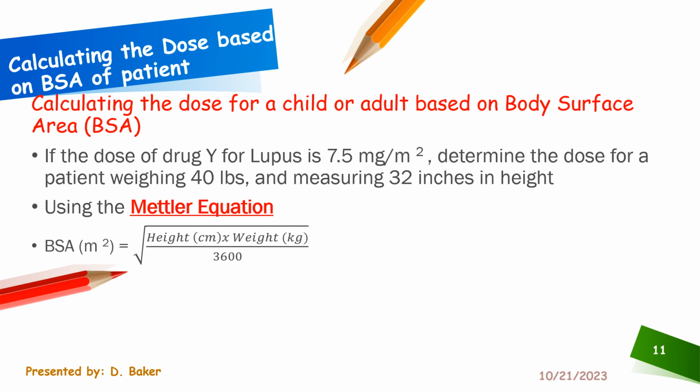Now, if you're going to use the Mosteller equation, notice that the weight in pounds is still in imperial measurements, so we would need to convert it to metric. The height is also in imperial measurements, and we would need to convert that to metric as well.